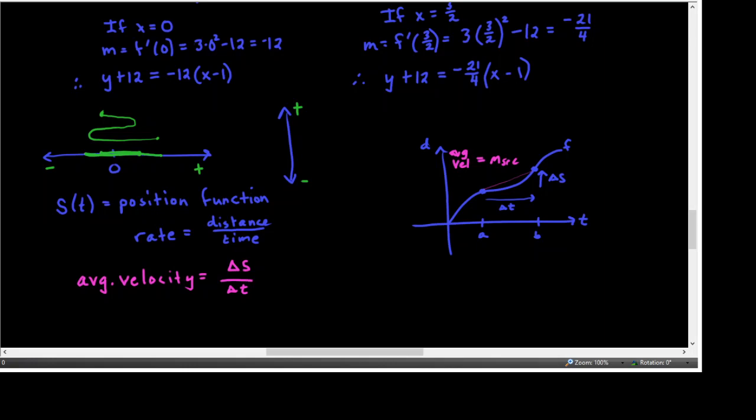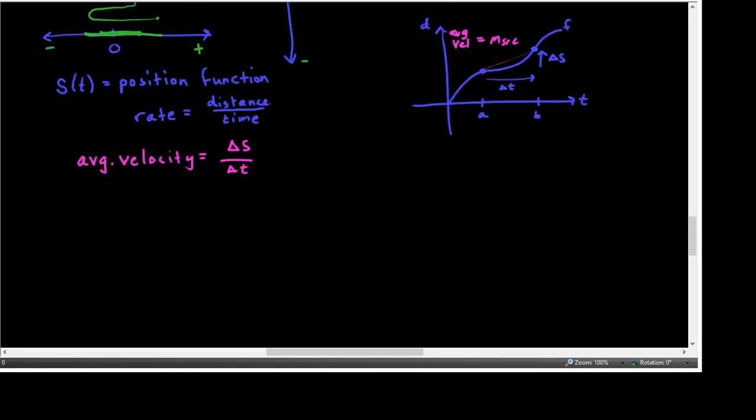Okay, so with that in mind, let's look at example number 9. A billiard ball is dropped from a height of 100 feet.